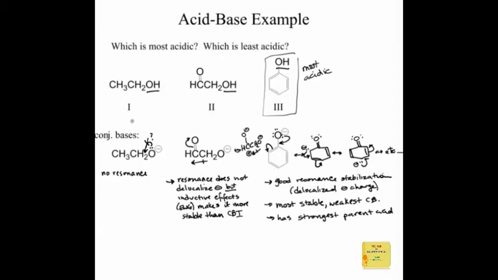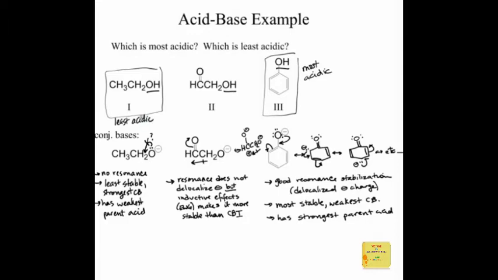the weakest. So because this has no resonance, this is the least stable, and therefore strongest conjugate base. So this has the weakest parent acid. So compound 1 is the least acidic.